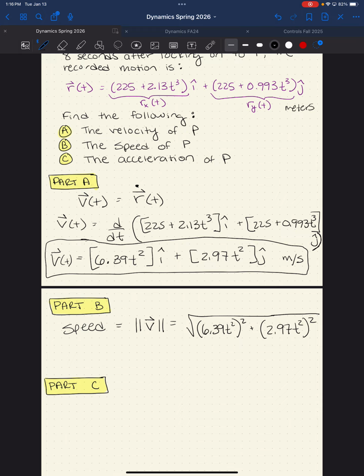What are the units for speed? Meters per second, exactly the same as velocity. And because they didn't give me a t value, this is my final answer. I am not going to try to reduce that or anything.